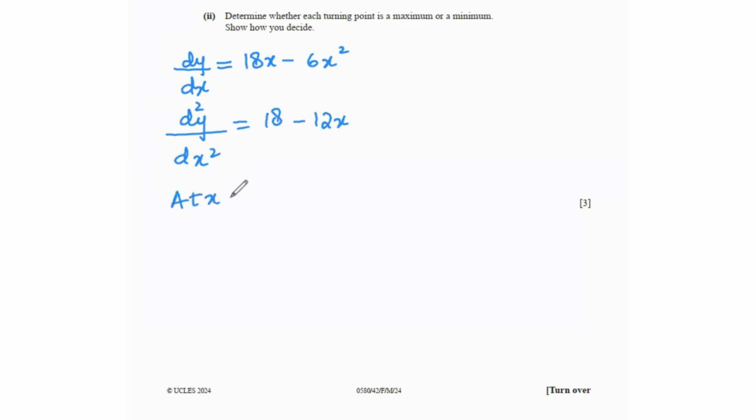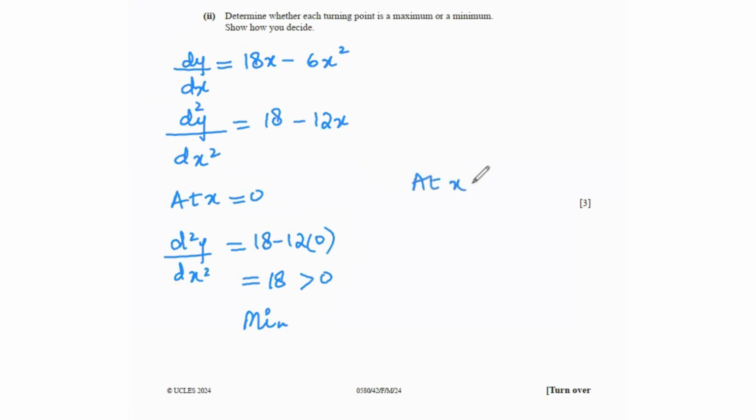So at x equals 0, our second derivative is giving a value which is greater than 0. So that means it's minimum. And at x equals 3, our second derivative is giving us a value which is less than 0.